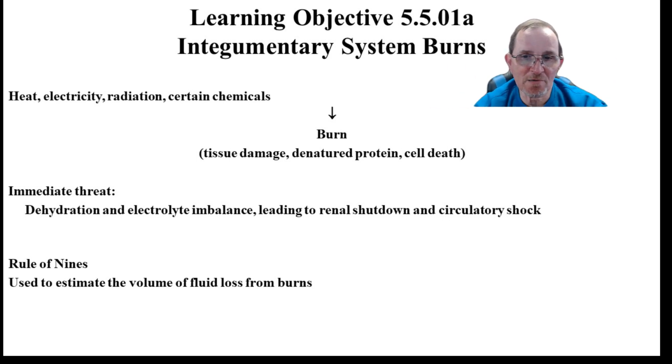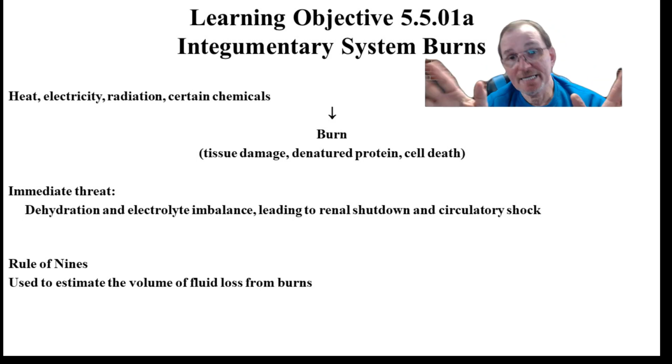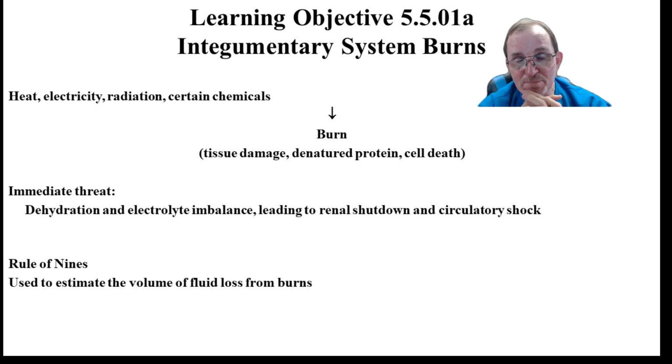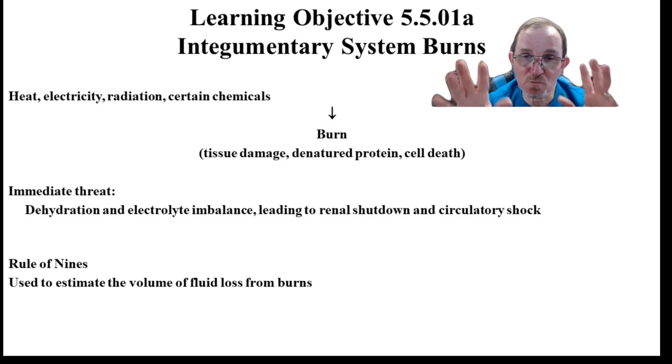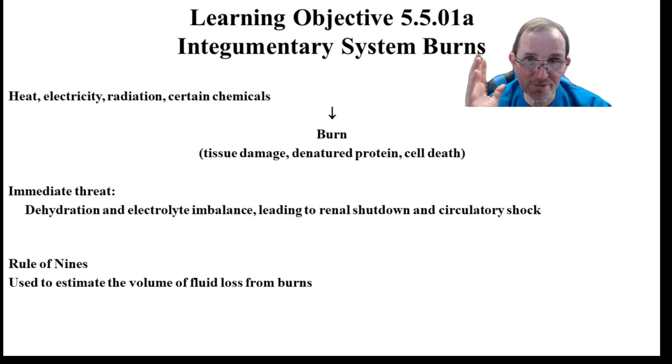The main problem with burns, yes, you've lost your protective barrier against the bacteria, but one of the main problems is going to be fluid loss. You can dehydrate, and if you lose the water and not the sodium, then your electrolytes are going to go awry, and this is really bad. You can lose enough water that you can actually go into circulatory shock, and the kidneys can shut down.